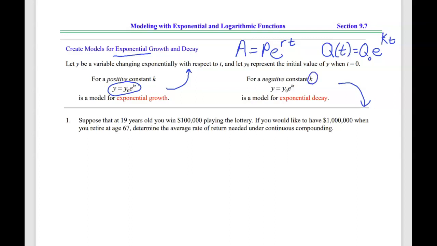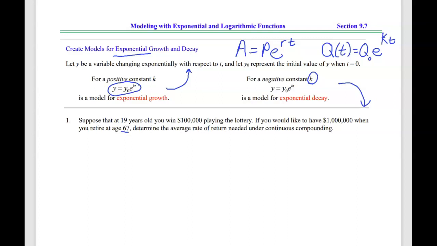Suppose that at 19 years old, you win $100,000 for playing the lottery. If you would like to have $1 million when you retire at age 67, determine the average rate of return needed under continuous compounding.